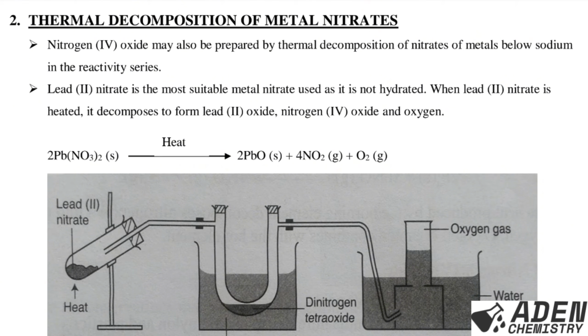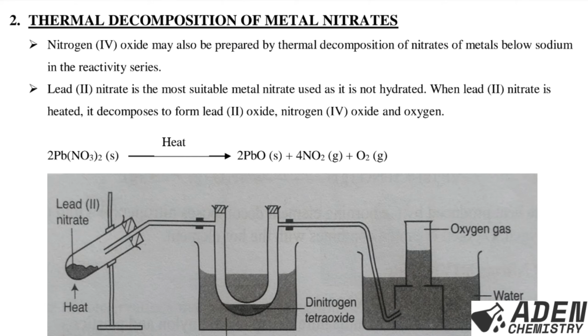When we are dealing with heavy or moderately reactive nitrates, from calcium all the way to copper, when those nitrates are heated, we get three products: metal oxide, nitrogen peroxide, and also oxygen gas.